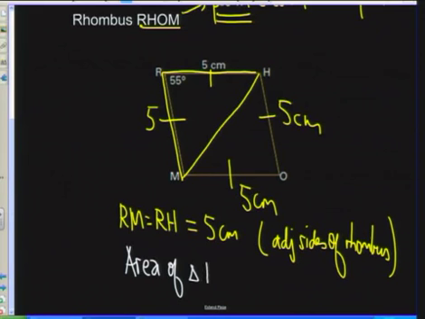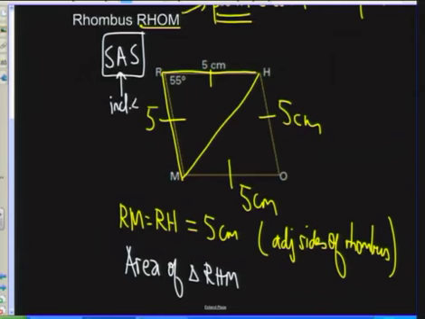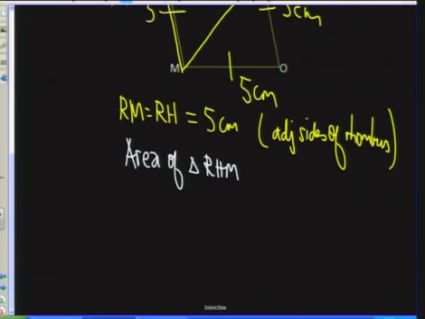of triangle RHM. Let's remind ourselves what is key. The given information needs to be SAS, two sides and an included angle. So we have the two sides RM and RH.